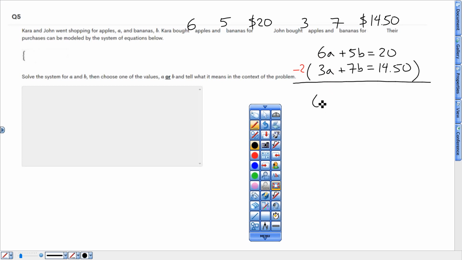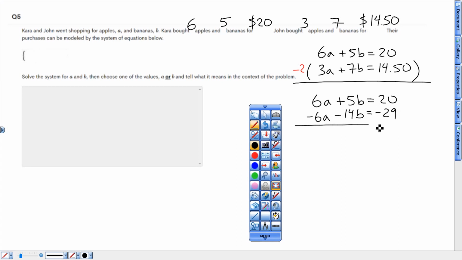Here I go. So 6a plus 5b equals 20. The bottom row, -6a, -14b. And then on my calculator, because I'm not going to trust my arithmetic, -2 times 14.5 is -29.